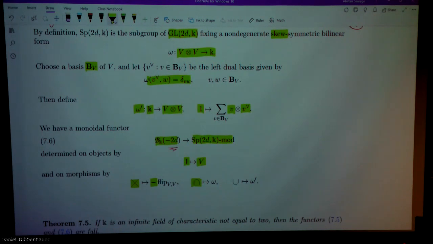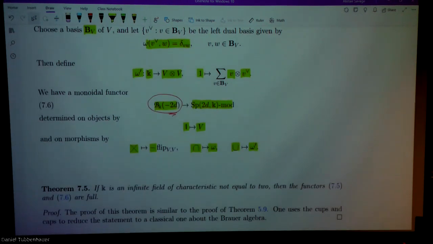It sends the cap to our skew symmetric bilinear form, and it sends the cup to this omega prime that we defined. Okay. And I promise I will get back to, if you haven't seen this before, I'll explain why this is a negative parameter here. But first, let me state the key theorem that was the analog of a theorem we saw for the oriented Brauer category and the general linear group.